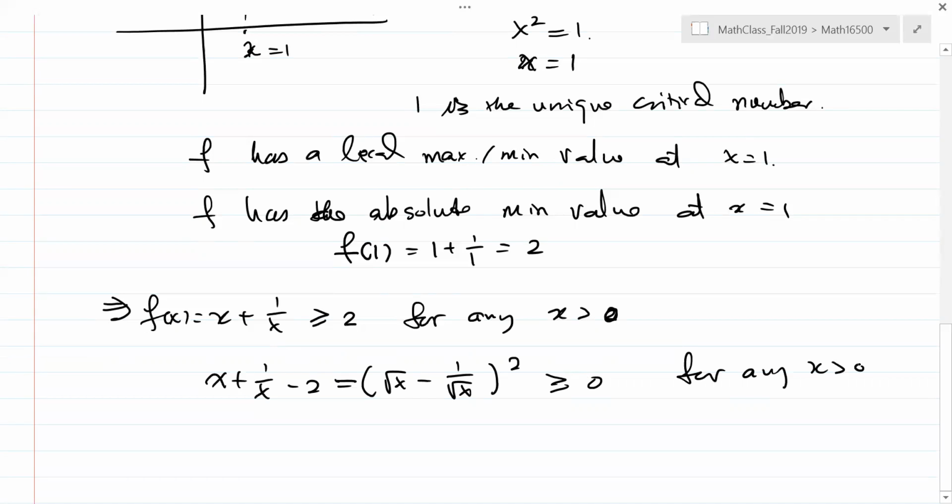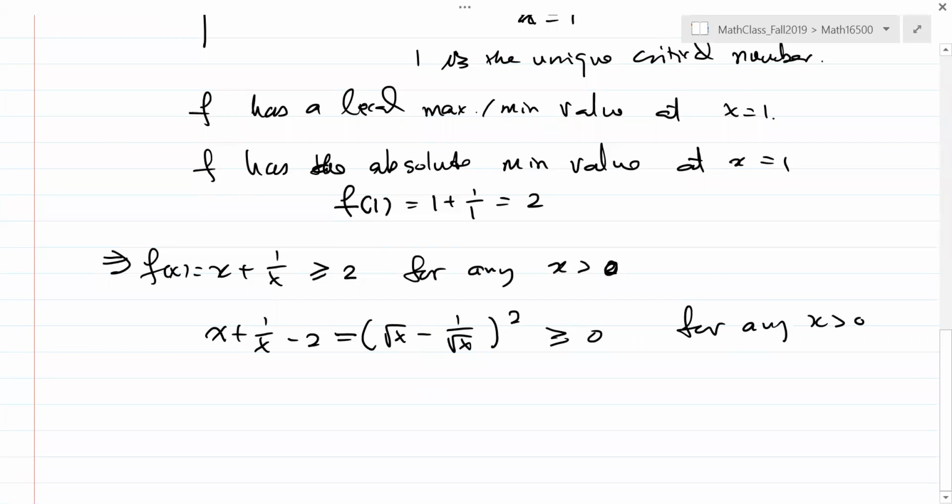You just verify this identity, and it's 0 when x equals 1, okay? And the equality holds if and only if square root of x equals 1 over square root of x, which means x equals 1, okay?